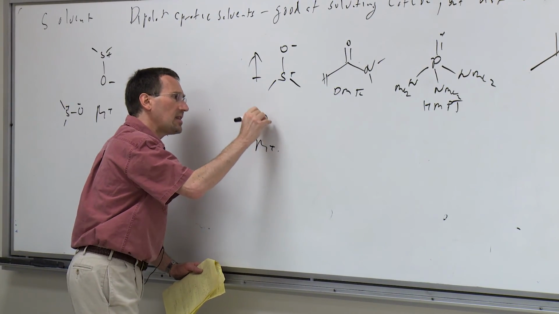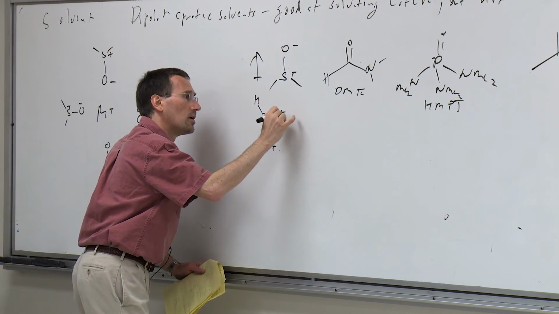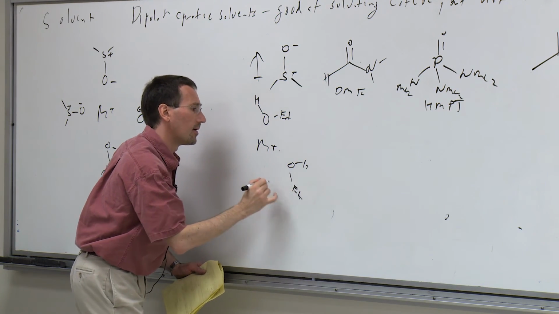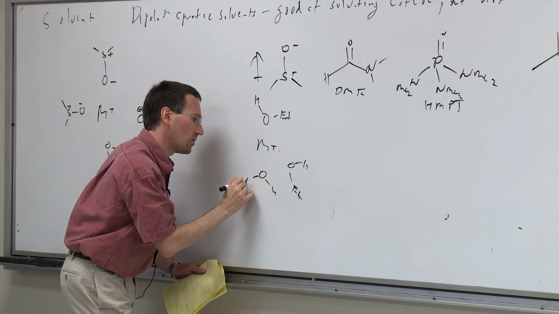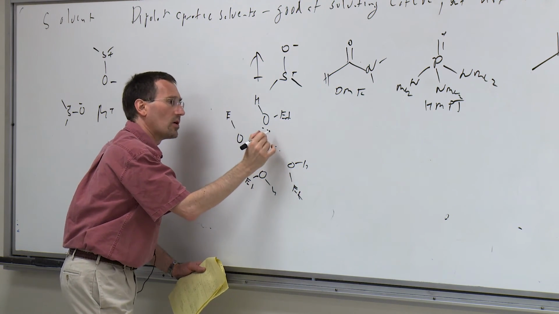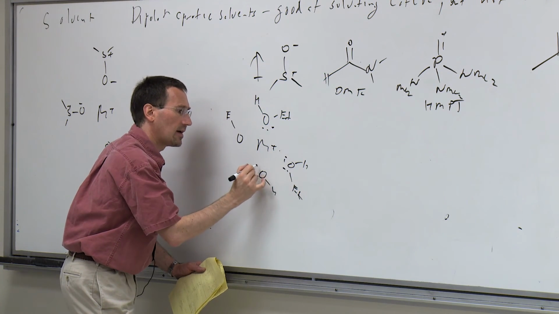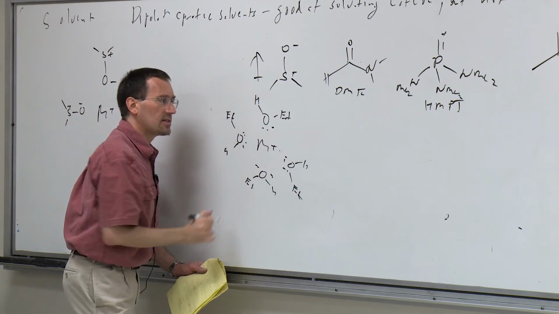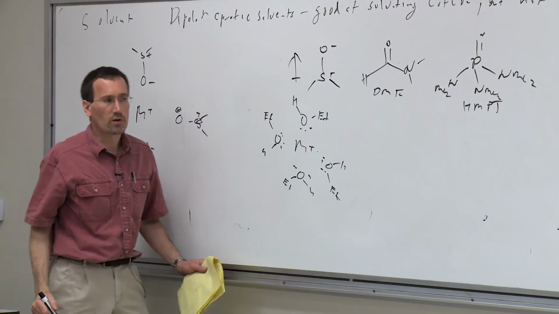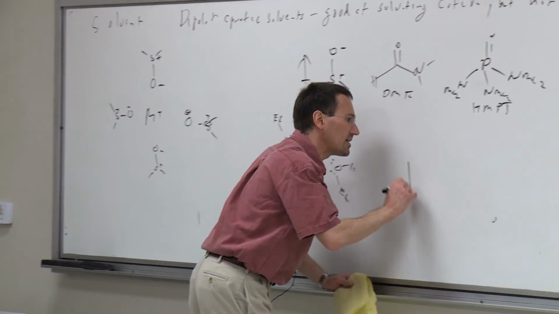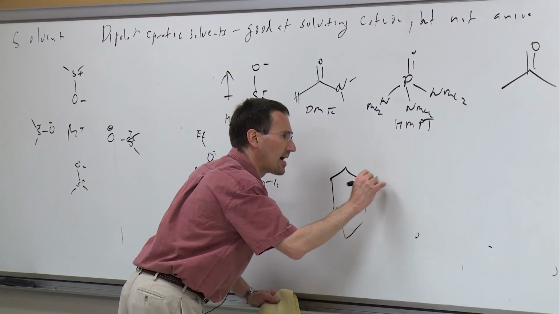And so in ethanol, again, this is just sort of a cartoon of the solvent, right? You've got your lone pairs on the solvent, solvating the metal, creating a coordination sphere. The problem with alcohols is they also solvate the anion.